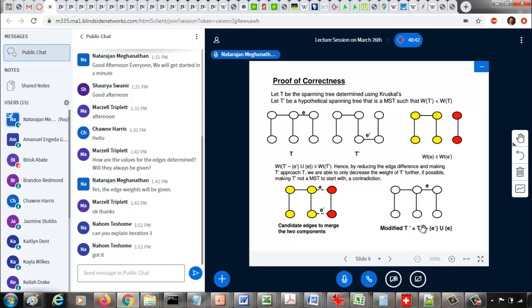So we are making all those modified spanning trees eventually approach the spanning tree formed by Kruskal's algorithm, and every time you reduce the edge difference, the weight of the spanning trees only gets reduced and eventually approaches the weight of the tree formed by Kruskal's algorithm. So that means the weight of the tree formed by Kruskal's algorithm is the lower bound. That's the minimum weight spanning tree, and everything else can only be above that if possible, not below that.